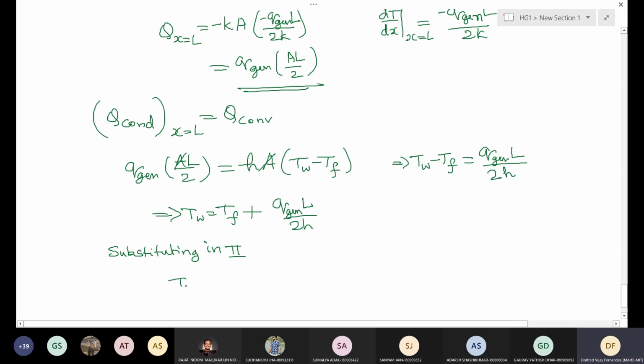So we can write Tx, or the temperature distribution in the wall, Tx equal to, so T wall can be replaced with this value, TF plus Q generation L divided by 2H, plus Q generation divided by 2K into Lx minus x square.